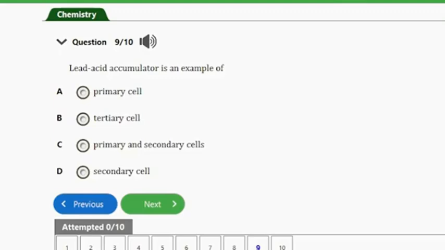So in these batteries, the chemical reactions that occur at the electrodes are reversible. So when the battery is discharged, the chemical reaction can be reversed by applying an external electrical power source. So in that case, charging the battery. So that's it for this question. The lead acid accumulator is an example of a secondary cell.